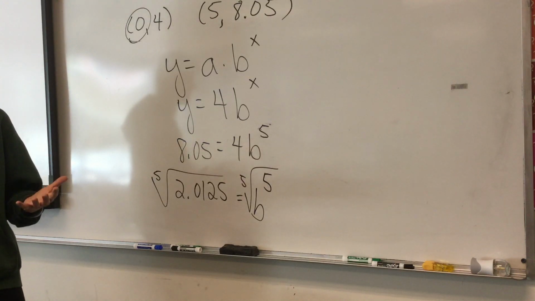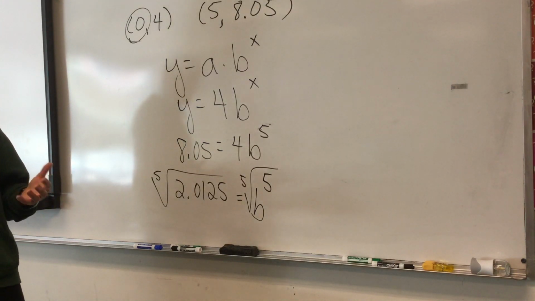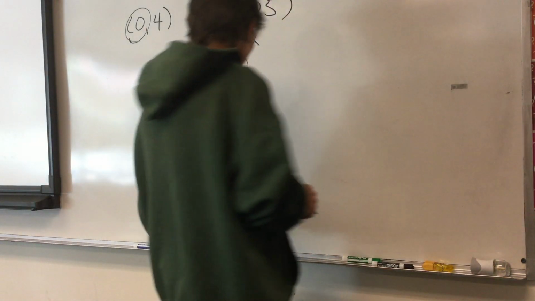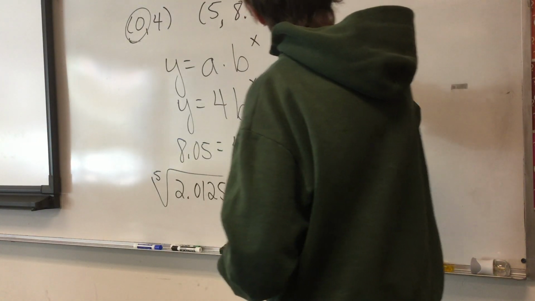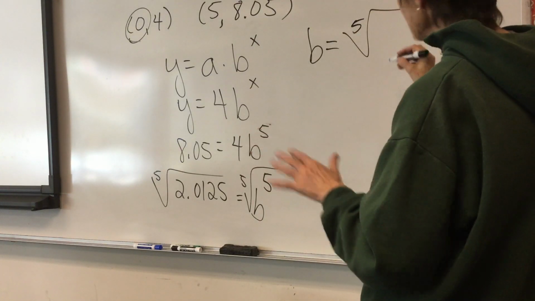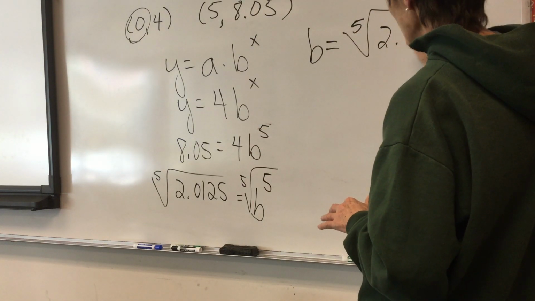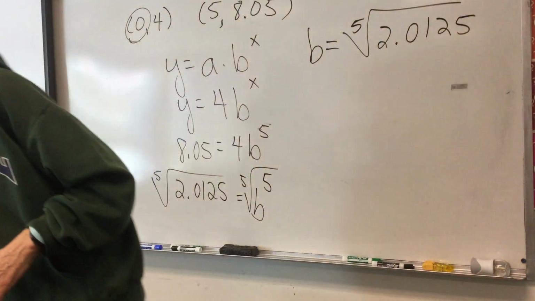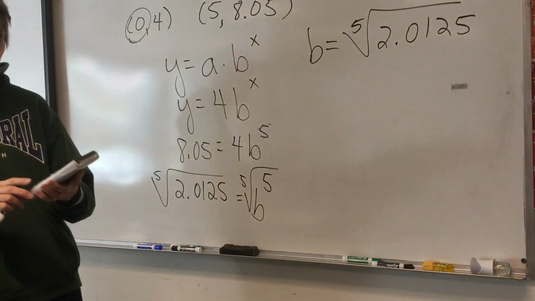I don't know how you've done it in the past, and I don't know what you're most comfortable with. I don't know if you even know how to do it either way. But, obviously, the 5th root of B to the 5th is B. So now, I am either going to physically type in the 5th root of 2.0125. So let's walk through the steps of that, if this is the way you like to do it.